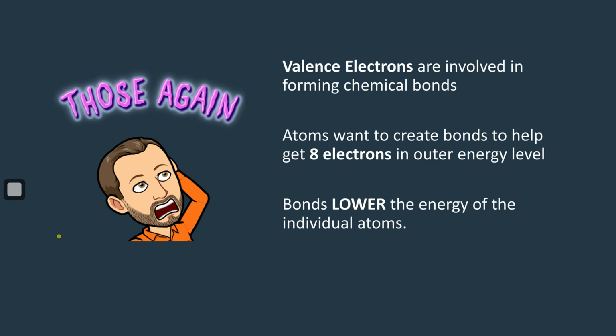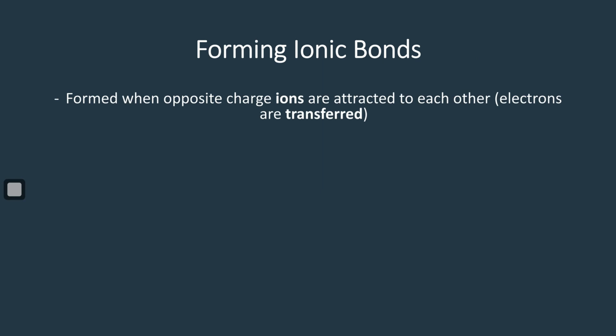So again, this is why we don't see alkali metals completely alone. We don't usually find elemental alkali metals, but we will find alkali metal ions in multiple compounds because that's where they form. Okay? So, we're only looking at ionic bonds right now. When we form ionic bonds, it's because you have the charged ions, they attract to each other, a positive and a negative.